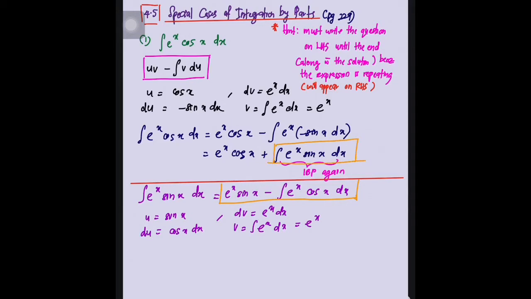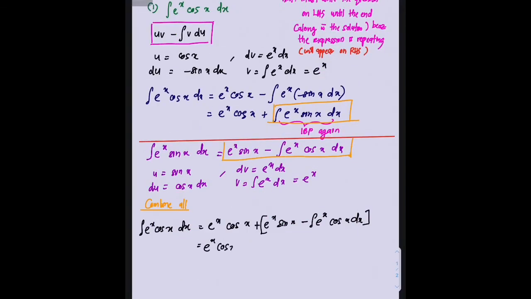Okay, so we need to combine all here. Therefore, integrate e power of x cos x dx, so this is your question, is equivalent to e power of x cos x, then plus e power of x sin x minus integrate e power of x cos x dx.